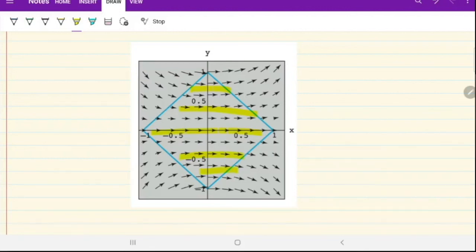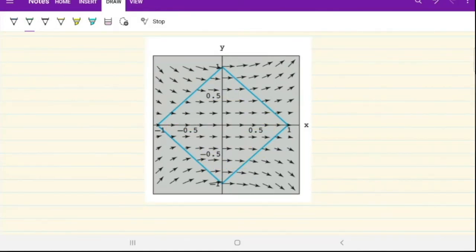Similarly, if you look at the circulation, that is again 0, because the amount of fluid moving in the anti-clockwise direction and the amount of fluid moving in the clockwise direction are the same.